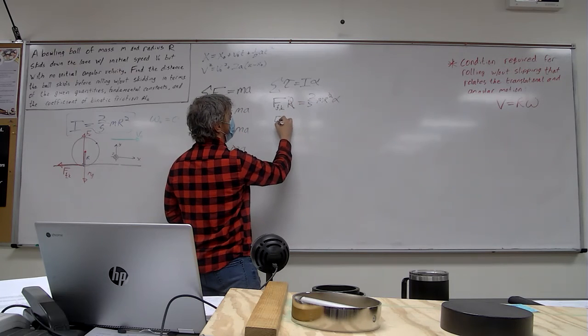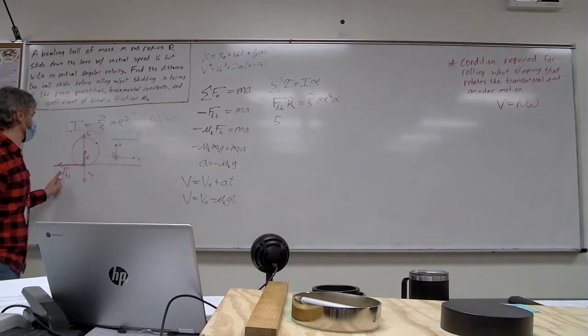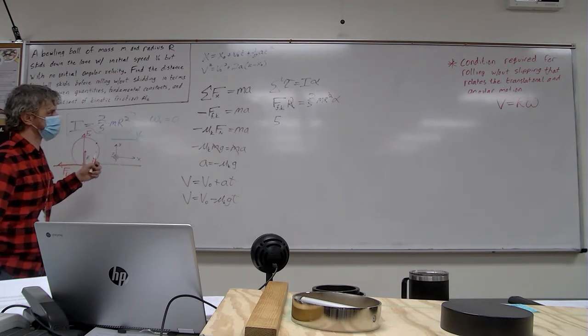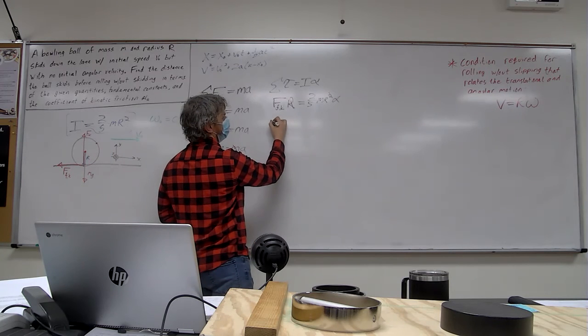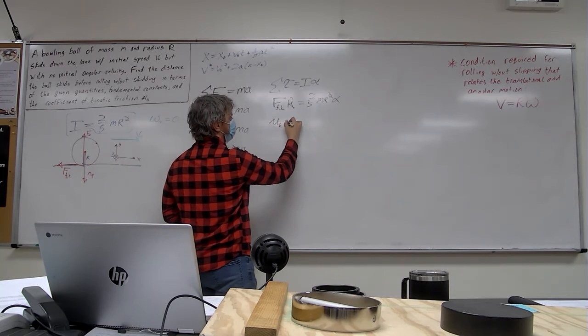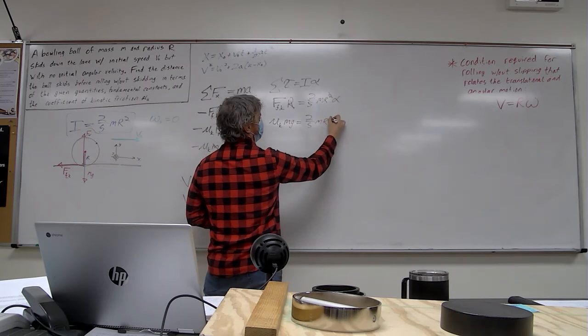So I get 5 times the friction force. The friction force we know is mu times the normal force, right? Or mu m g. So 5 times, I'm rushing ahead now. Mu k m g equals 2/5 m r squared alpha.